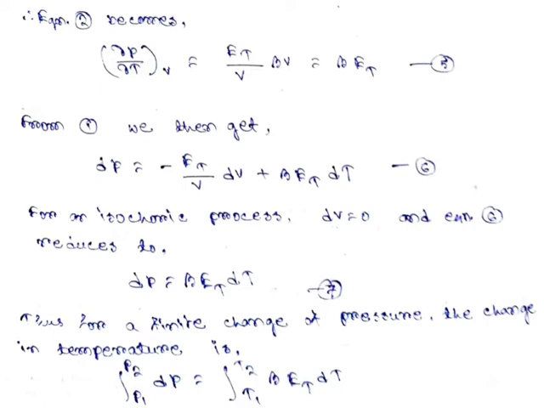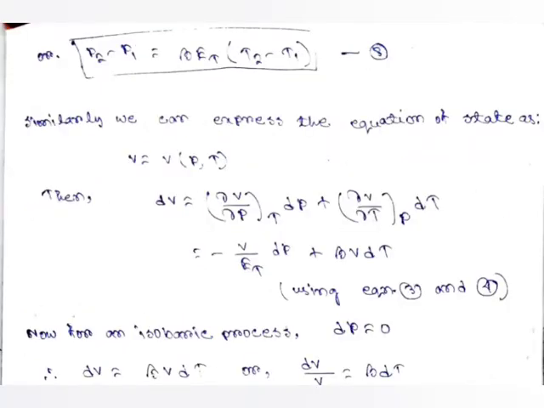Using this expression, we can calculate the change in temperature for a finite change of pressure by integrating equation 7. The change of pressure is related to change of temperature by equation 8, that is, P2 minus P1 is equal to beta ET into T2 minus T1.